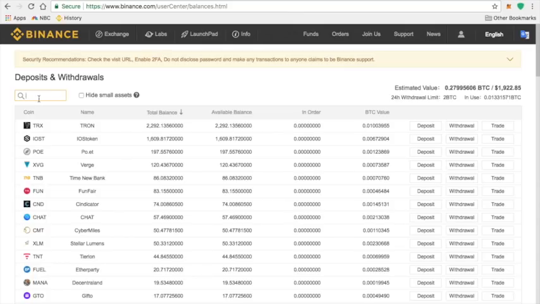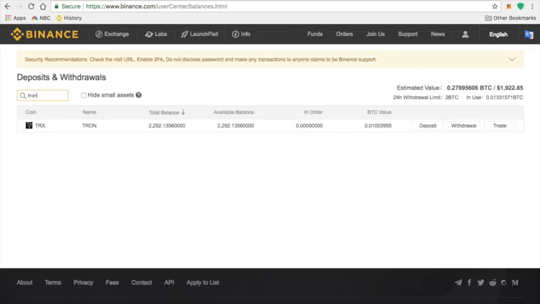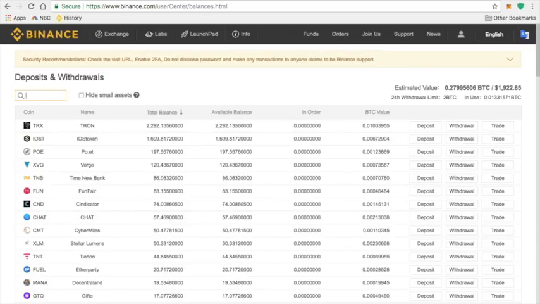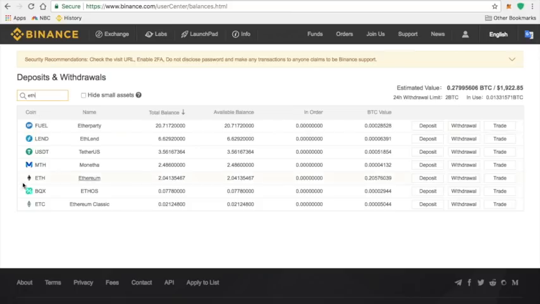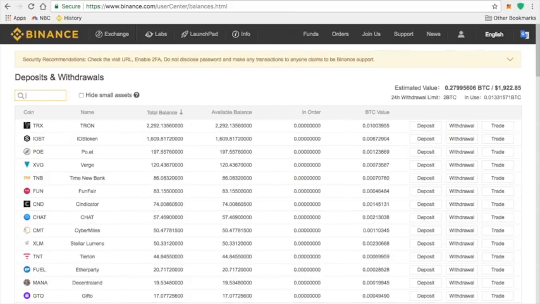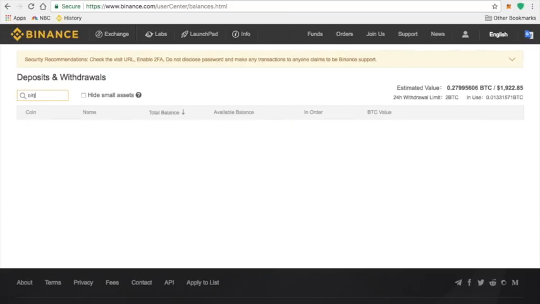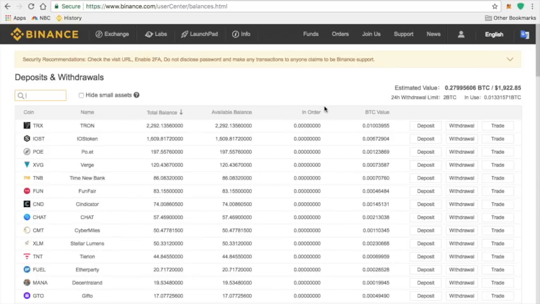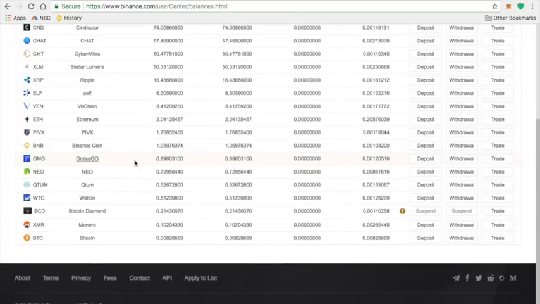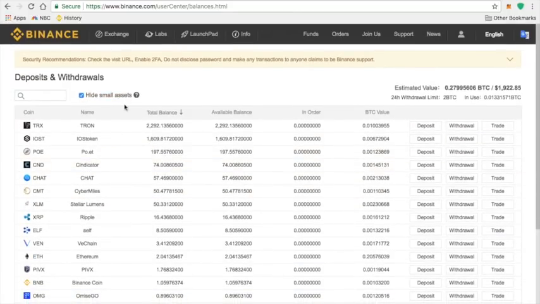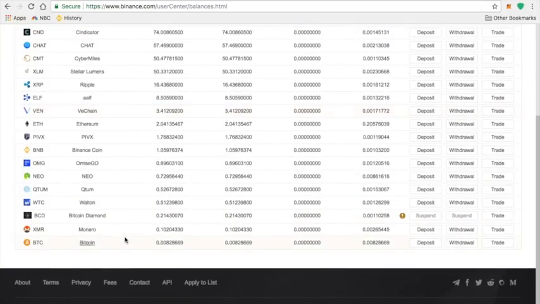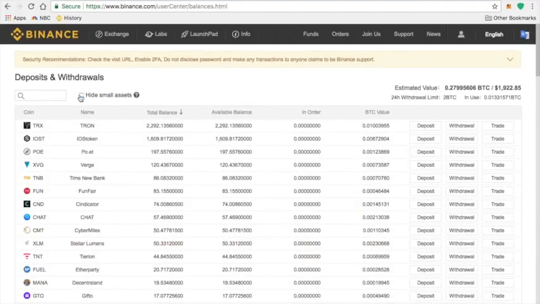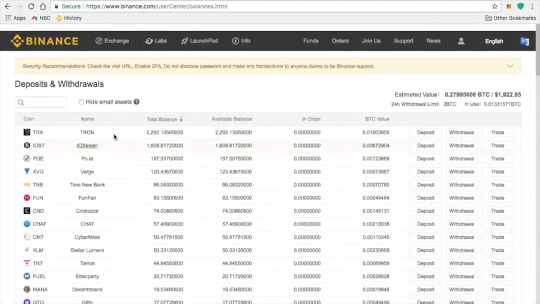Say I want Tron, I can type TRON. There's Tron. Say I want Ethereum, ETH, or Bitcoin, BTC. You can also hide small assets, less than a certain amount, I believe it might be less than $50, something like that. But it'll show you all those.